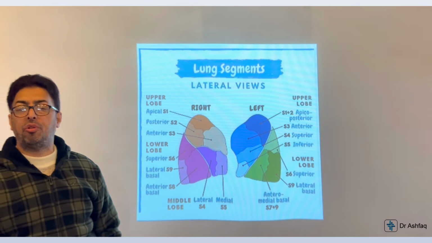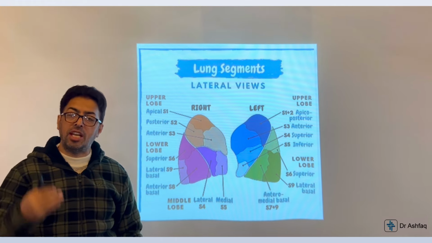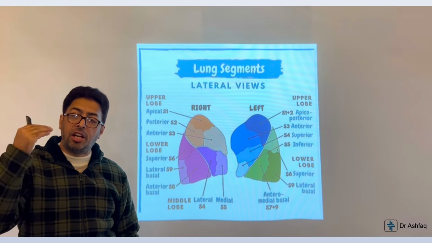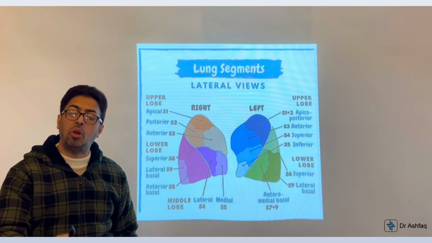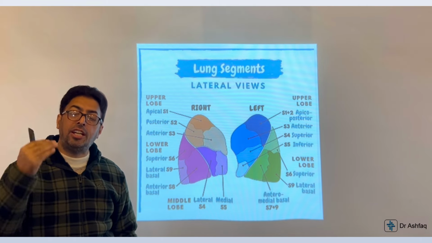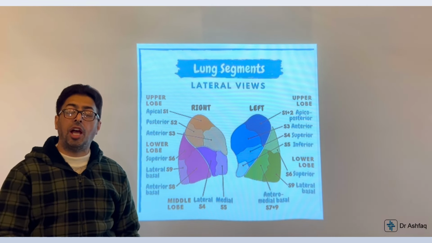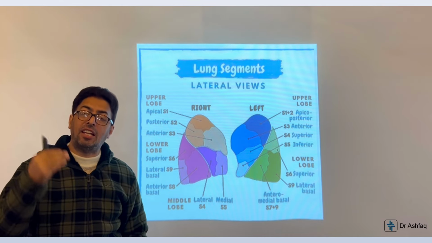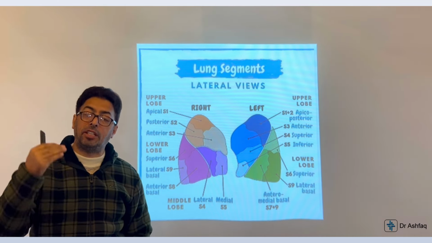And one important fact about the bronchopulmonary segment is that it has an independent tertiary bronchiole, an independent arterial unit and an independent lymphatic unit, but the vein does not lie within the segment. The vein lies in the intersegmental plane.